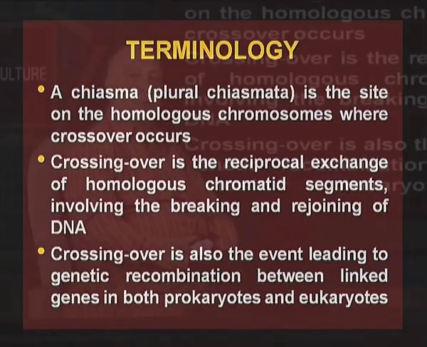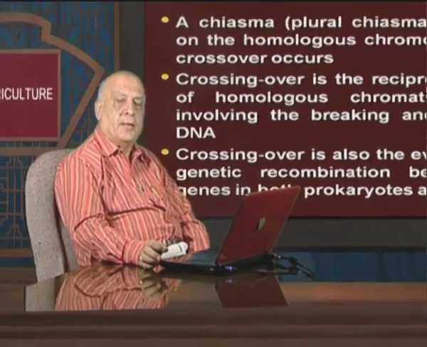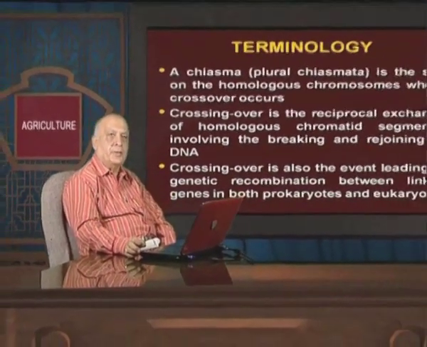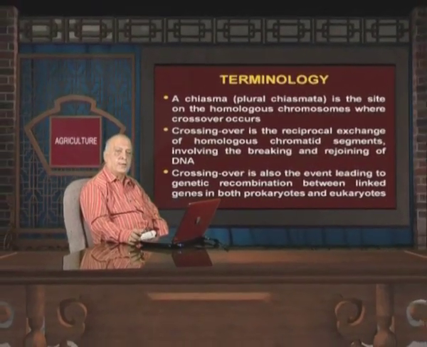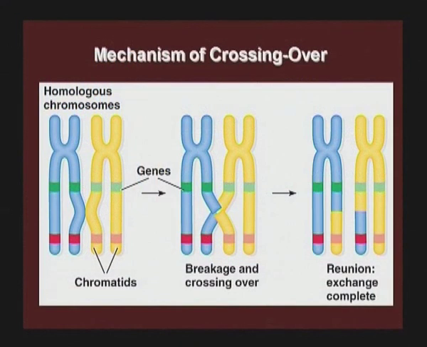The chiasma is a point where the chromosomes or chromatids meet, and at that point of juncture they break and fuse, and therefore with this mechanism they exchange the genetic material by which the progeny is different from the parent in their genetic constitution. Now, this is the mechanism of crossing over between homologous chromosomes, and we see that the diverse chromosome from each parent, that is male parent and female parent, come together.